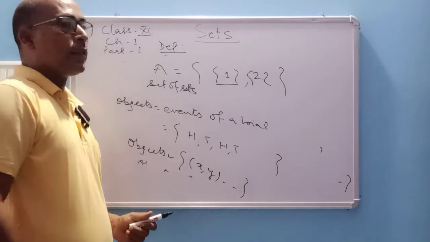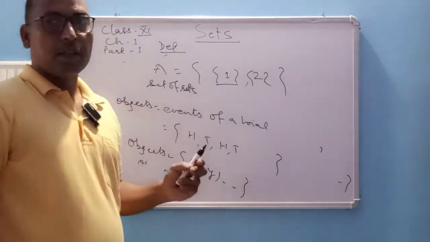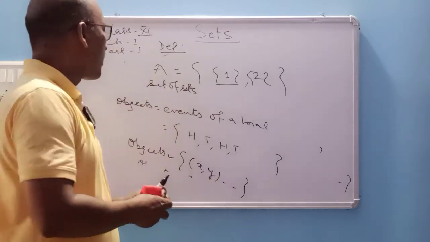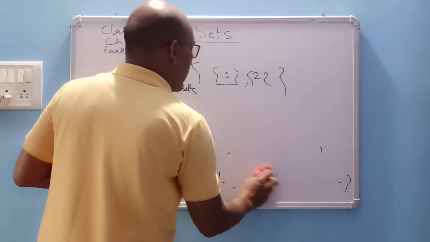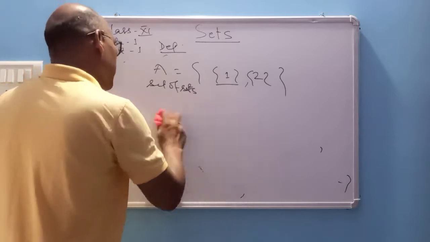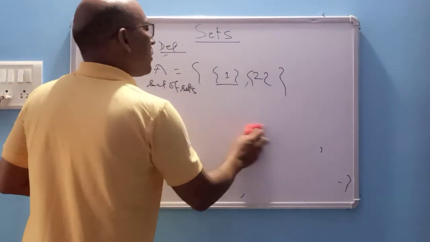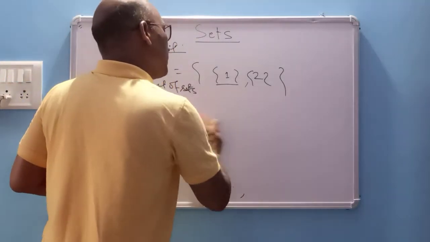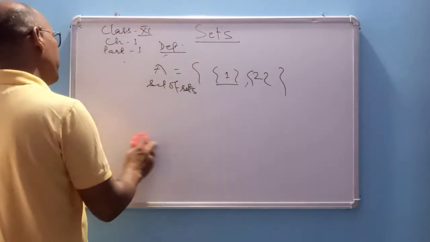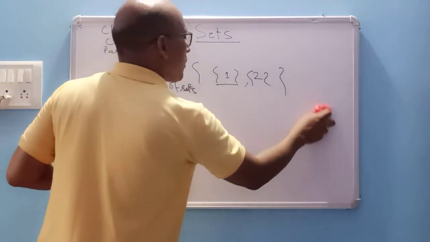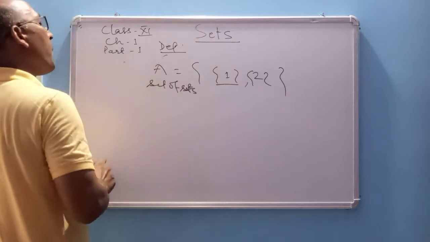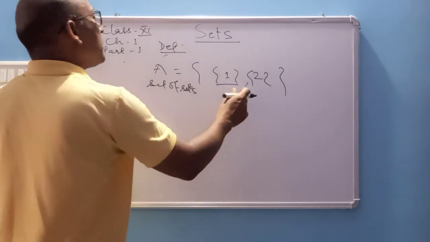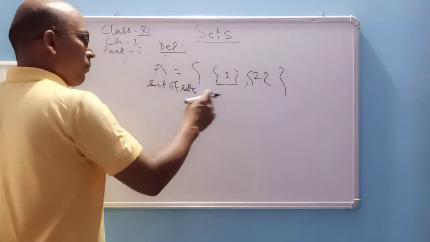So now it is clear that the objects of a set may be anything, be it numbers or triangles or events or the set of points.